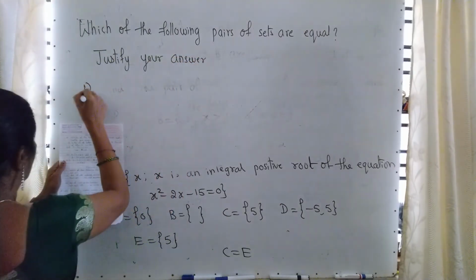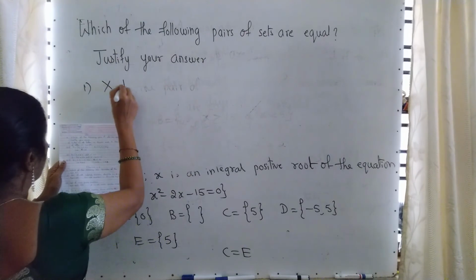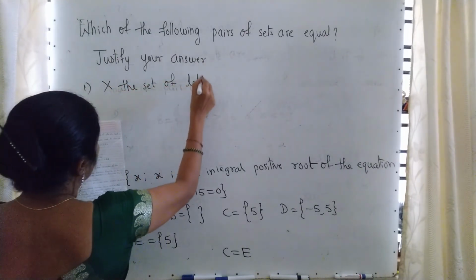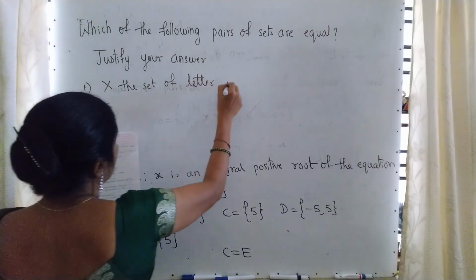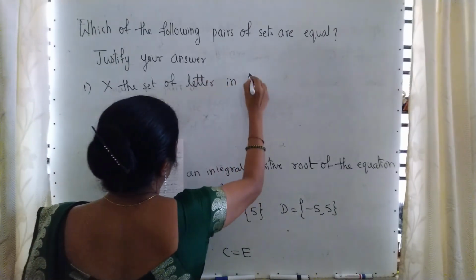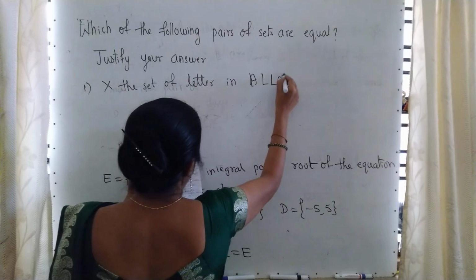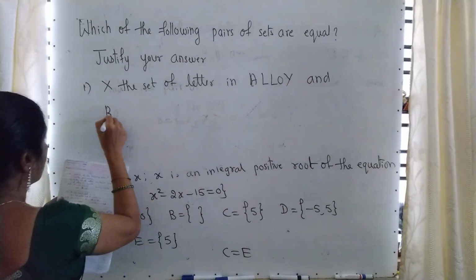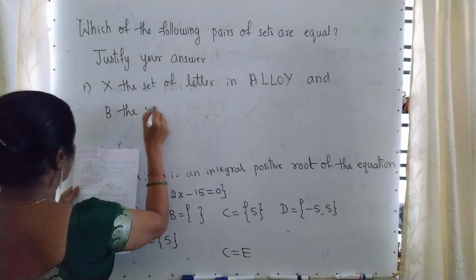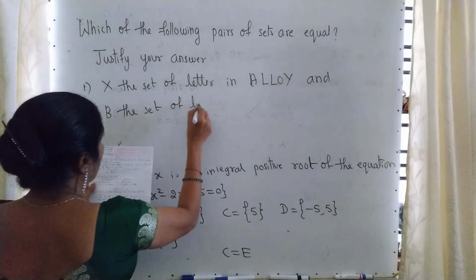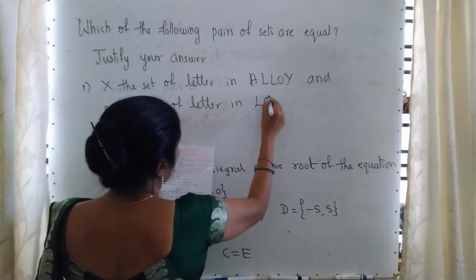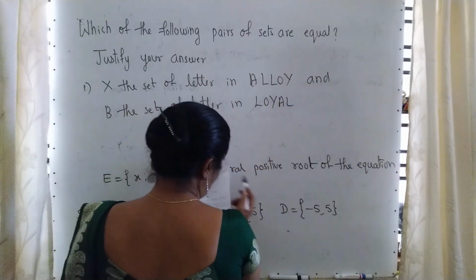First question. A, the set of letters in ALLOY, and B, the set of letters in LOYAL.